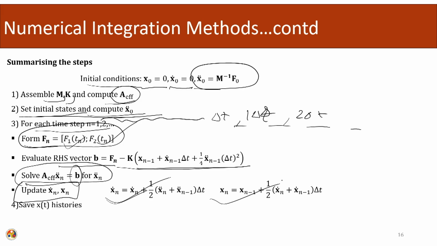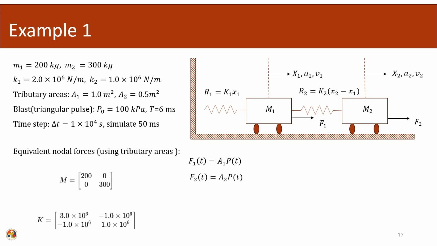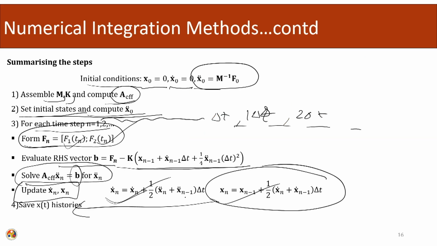And we keep on saving these values. In this way, using the time marching scheme, using here the average acceleration method, we can solve the same problem in the matrix formulation.